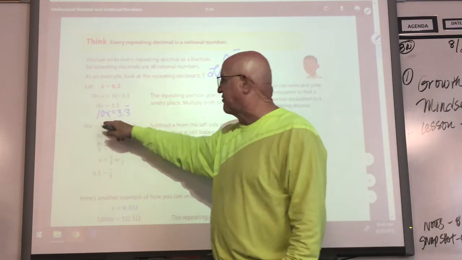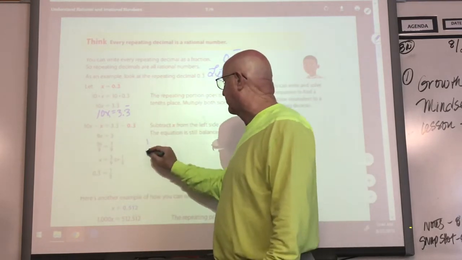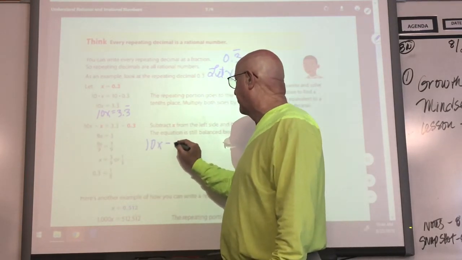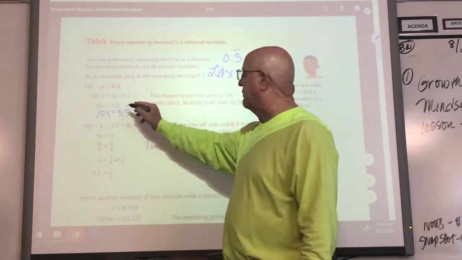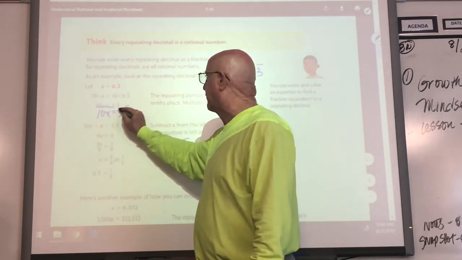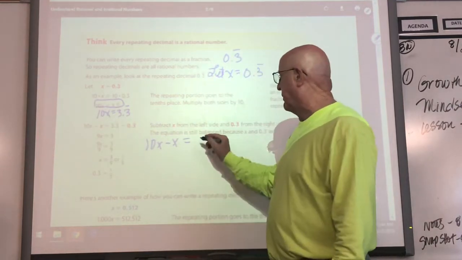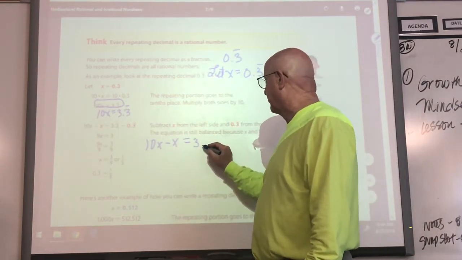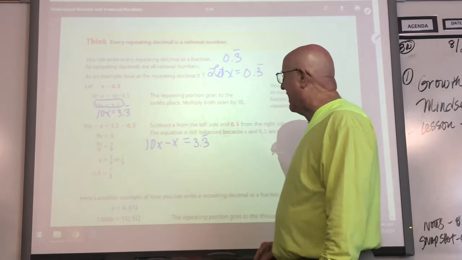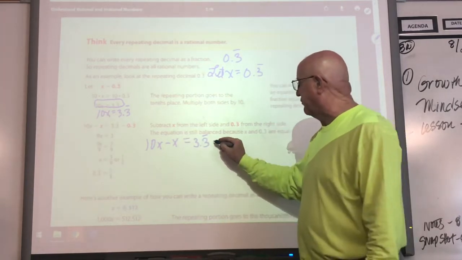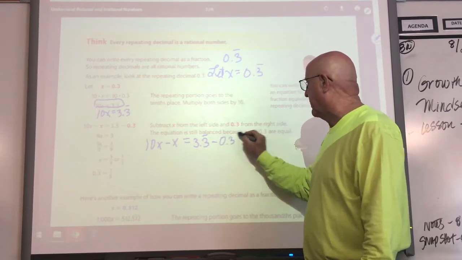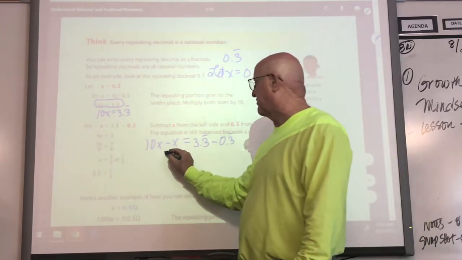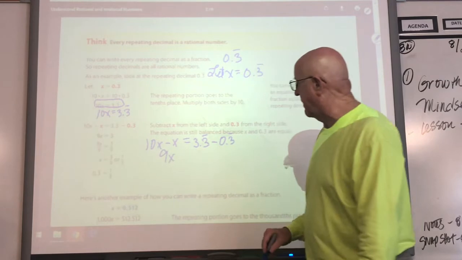And we have 10x minus x. We're going to write that out. We're going to say 10x minus x, right? And we got to remember that's equal to, what was 10x equal to up here? 10x was equal to 3.3 repeating, and x was equal to 0.3 repeating. So 10x minus x is 9x, right?